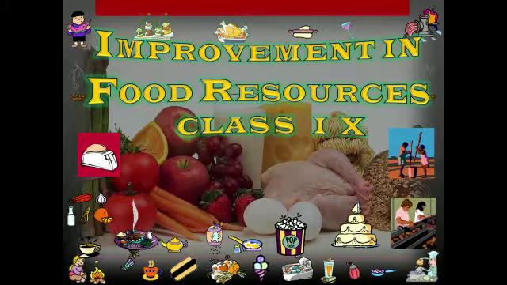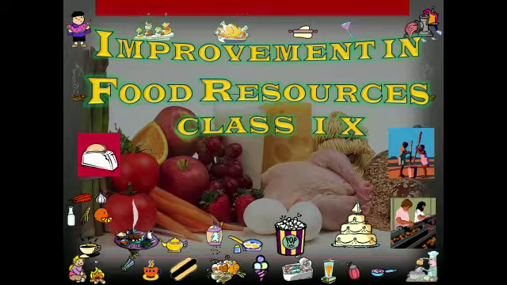Do you know what resources actually are? I think you know. Resources are the things that have utility or that we can utilize. So, is food also a type of resource? Yes, food is also a type of resource as it serves various functions for us, like it helps in growth, body repair, and various other functions.